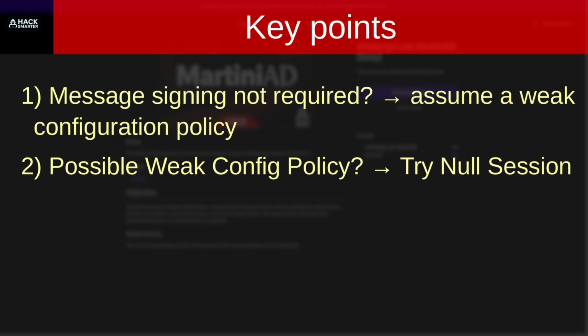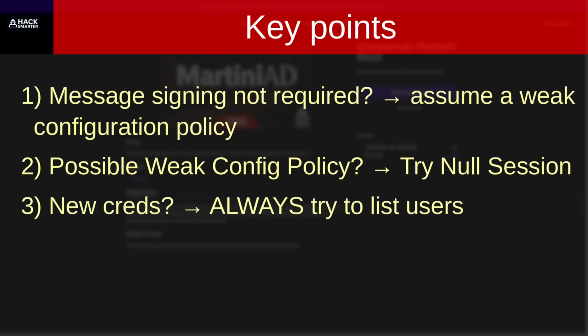Then the next key point, with new credentials, always try to list users, because sometimes in the results of the --users flag on NetExec, we have some comments, sometimes with credentials or other useful information.